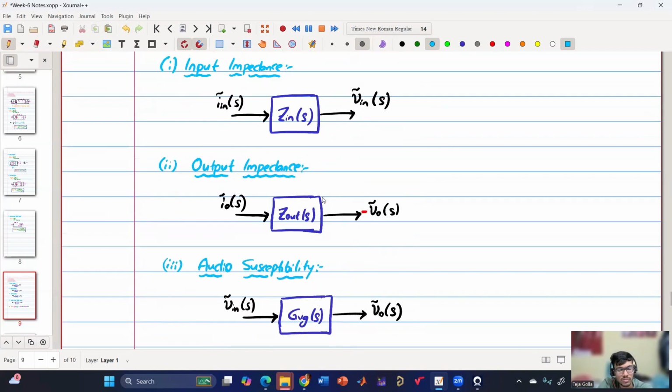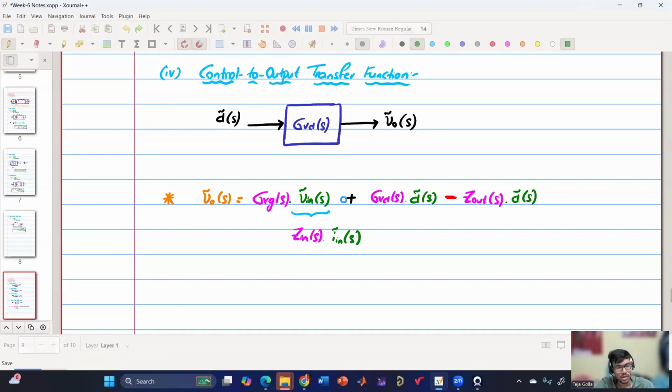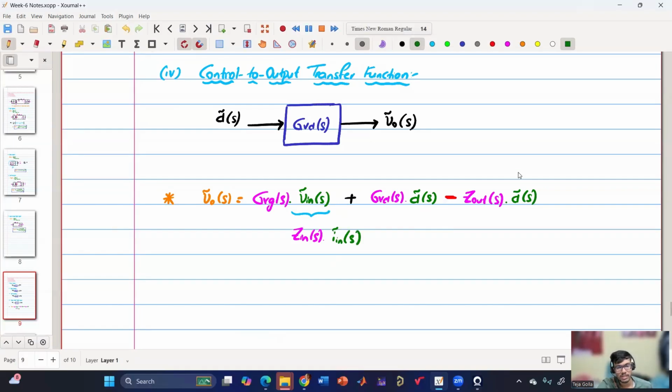So which is the transfer function and how can I write V in perturb of S? I in tilde into Zn. Yes, so this is I in tilde into Zn. So V in perturb of S is nothing but Z in of S into I in tilde of S. So we got the overall expression. We have three terms. This is the first term, this is the second term, this is the third term.